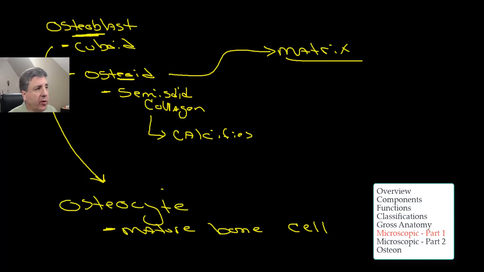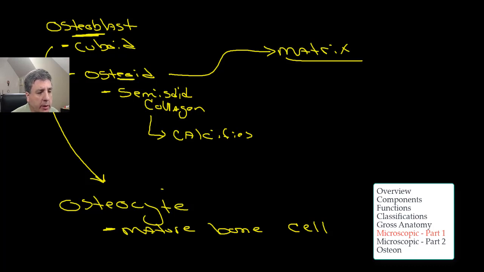Okay, so that's going to be an osteoblast, that's going to be an osteocyte, and when we get into the functional unit of the bone, we'll talk about how the osteocyte communicates with adjacent osteocytes as well.